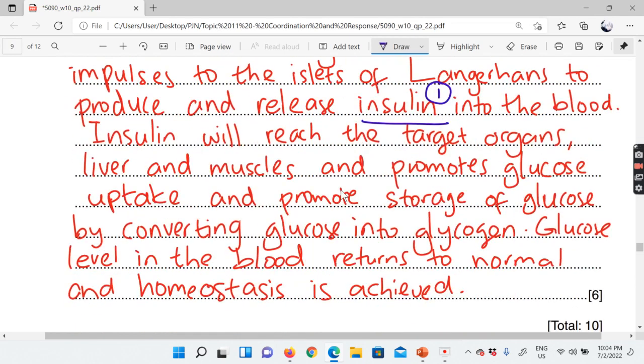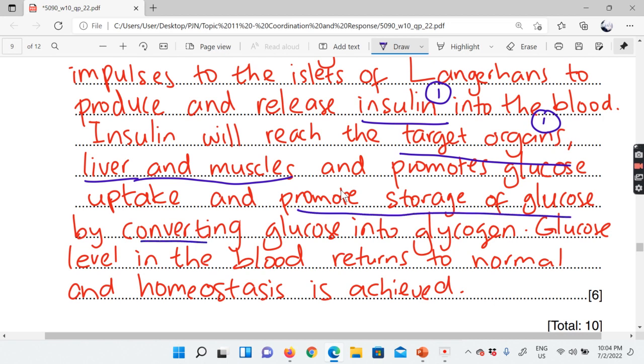And then you have to also name the target organ, so that's 1 point. Not just saying the target organs, but you have to mention liver and muscles. That will give you that 1 point. And then mentioning what are the changes that happen, so promoting storage of glucose, this one would give you 1 point.